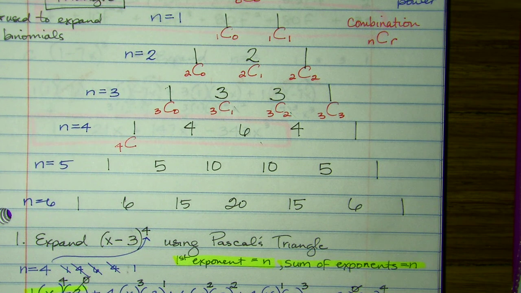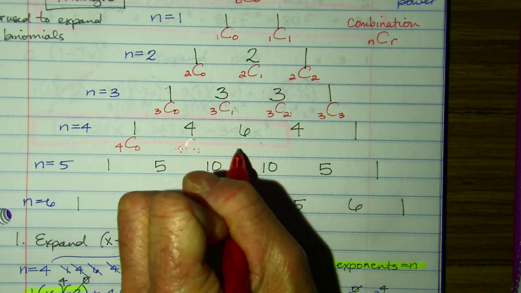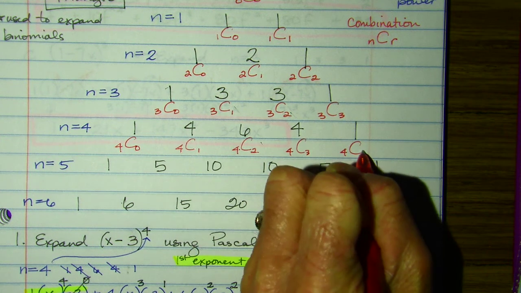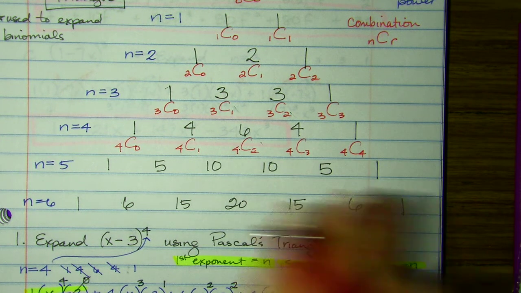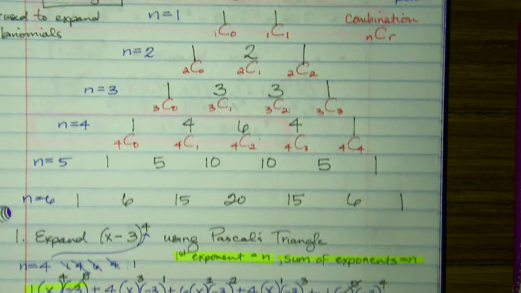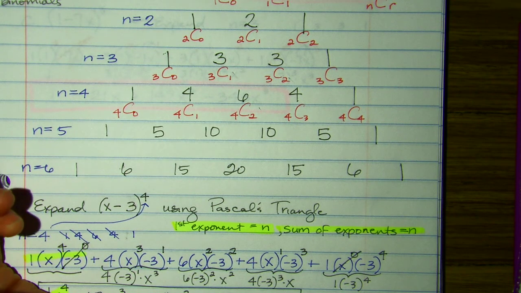So this would be 4C0, 4C1, 4C2, 4C3, 4C4. Again, if I was to enter 4C2, I would get 6, okay? So try the next 2 rows. You can pause it and then come back and check what I have.